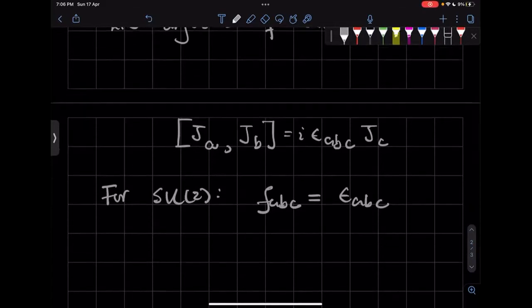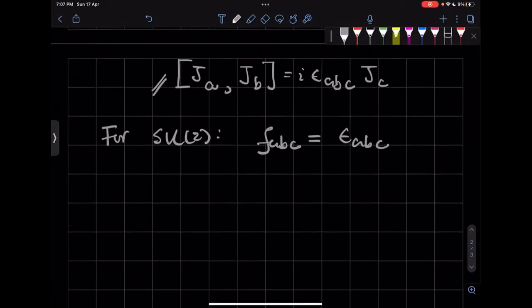Okay, so there are 3 non-trivial equations here, right? We can take the value of the index to be 1, then the second one has to be J2. Of course, if I take both A and B to be the same, then the commutator vanishes, because the commutator is an antisymmetric object.